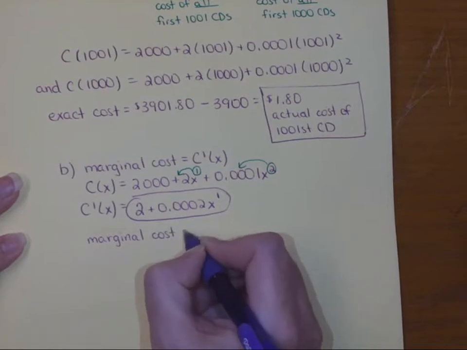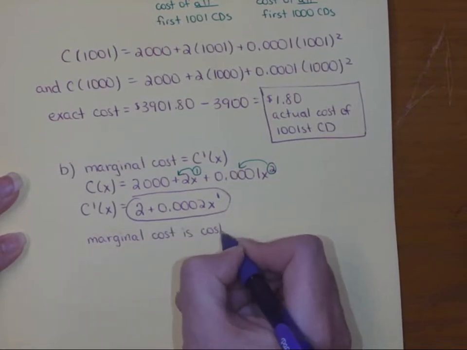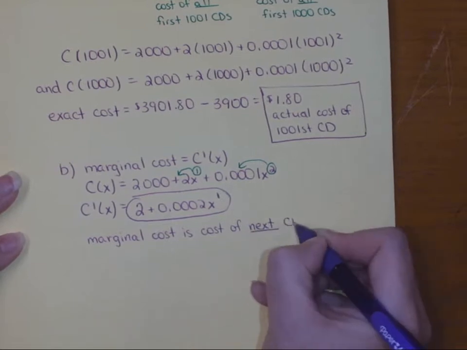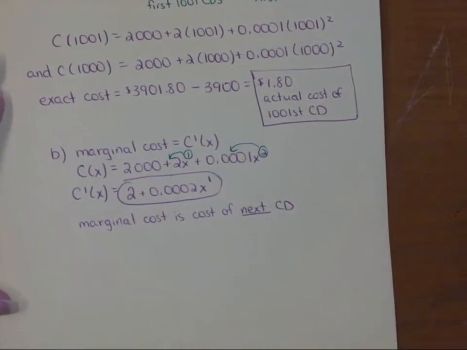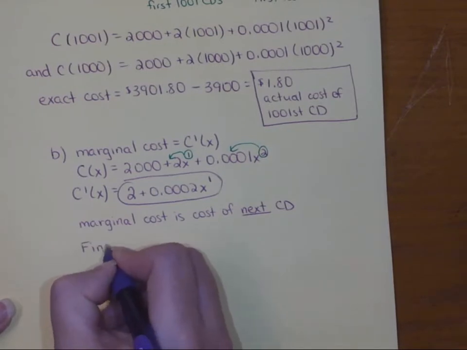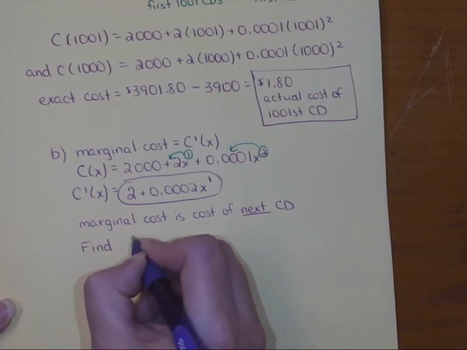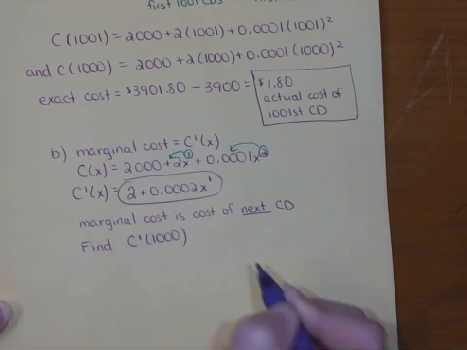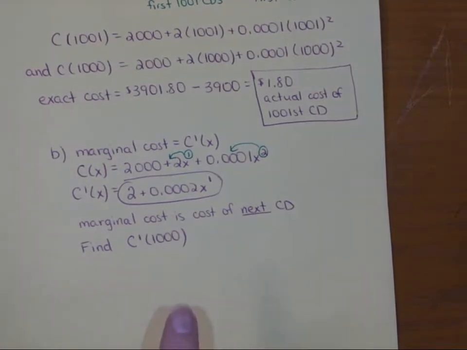But remember what marginal cost is. Marginal cost is the cost of the next CD. It's always the cost of the next item. So a little tricky when you're dealing with marginal is we're not going to plug in 1,001. We're actually going to plug in 1,000, because this would mean the next CD, which would be the 1,001st.